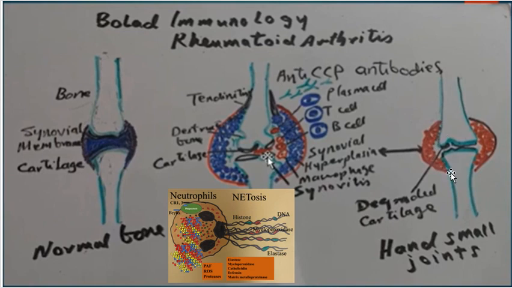However, this usually follows a trigger, for example, trauma or infection. Following that, immune cells come and sit here. Actually, in normal condition, it is strictly forbidden for these cells to come and sit in the joint. But in abnormal conditions like trauma or infection, they can come and sit here and interact.